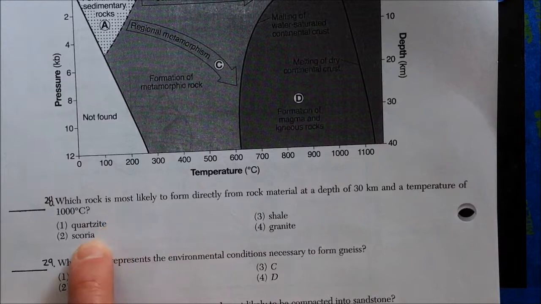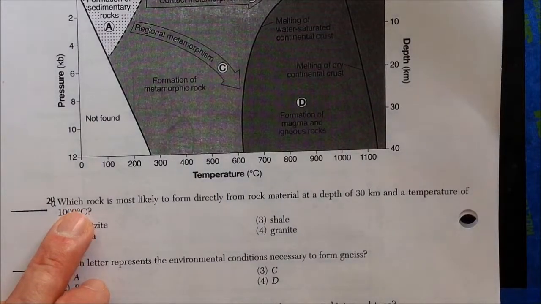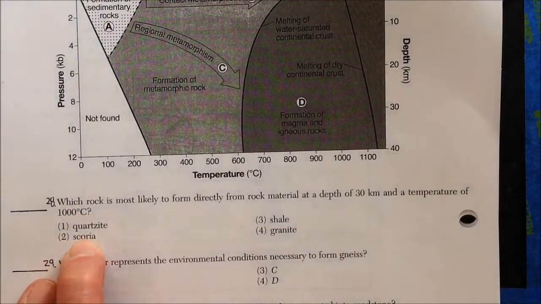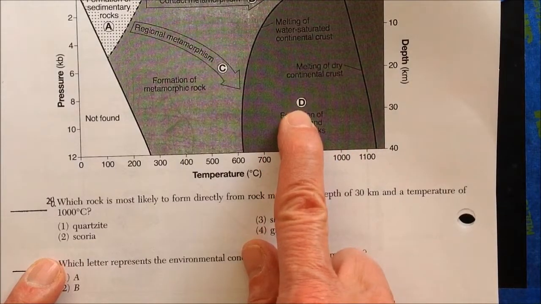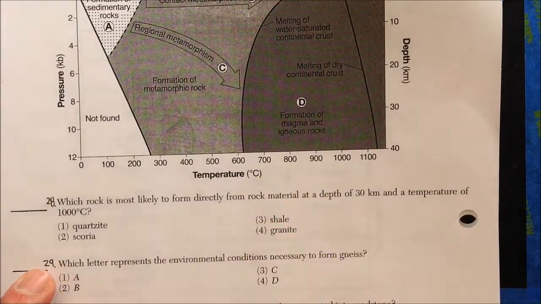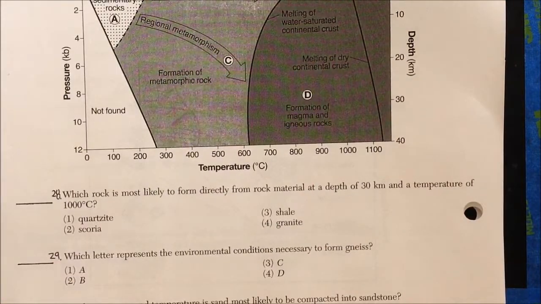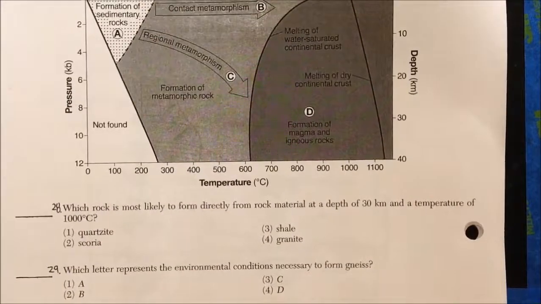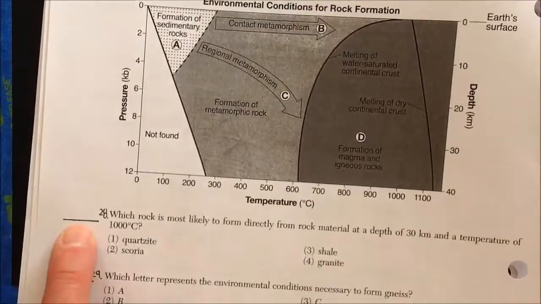This is metamorphic, this is not going to be, this is going to be a volcanic igneous rock, scoria. So this is really deep depth here. So the answer is going to be 4, granite, on that one.